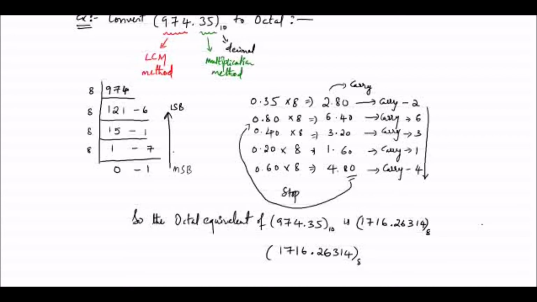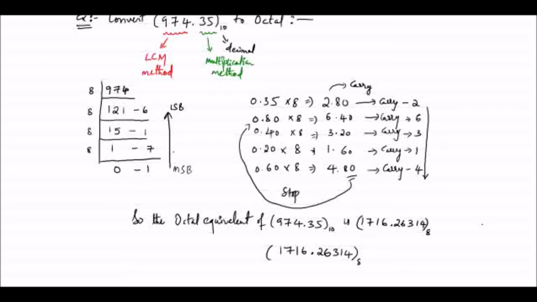So as you can see, this 0.80 I have previously here, so I need to stop here. I don't want to multiply again. Whenever you have a value which is repeating in this multiplication process, you need to stop there and write down the values from top to bottom.